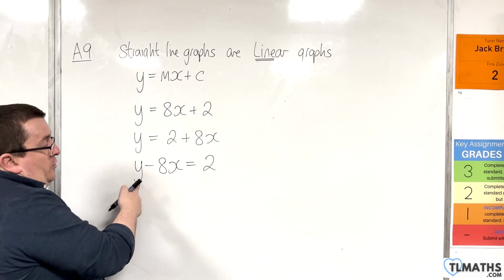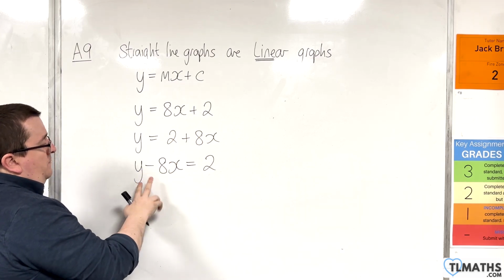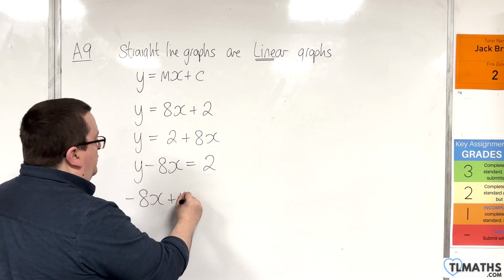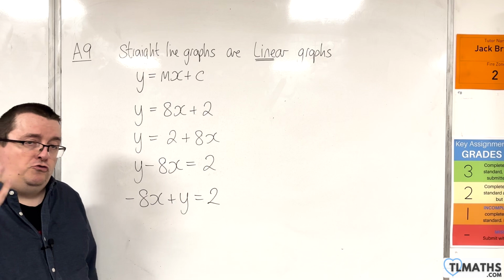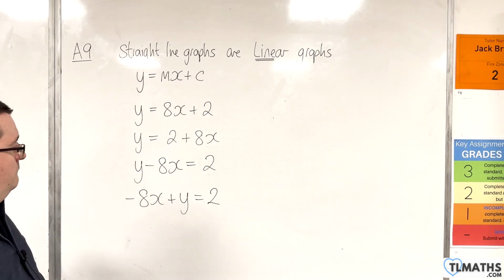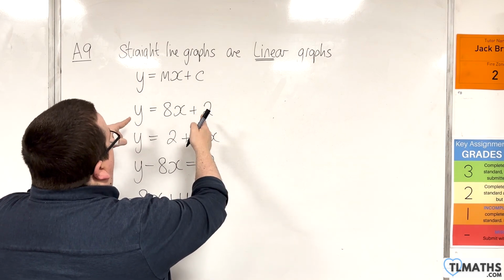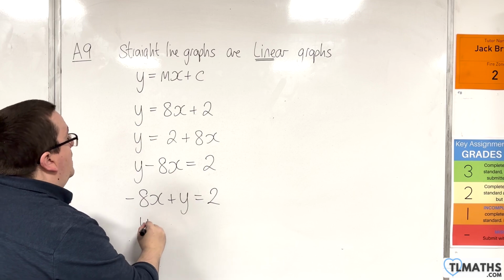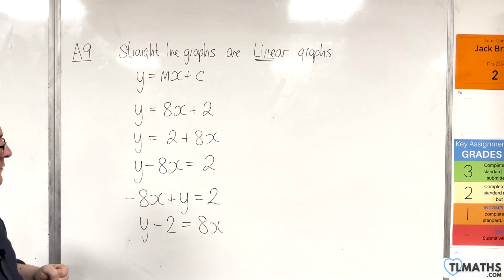So I could rearrange those two terms. Just like I swapped the 8x and the 2, I could swap those two. I could write that as minus 8x plus y equals 2. And this is still a straight line graph. I could instead have subtracted the 2 from both sides. So y minus 2 equals 8x. Straight line graph.